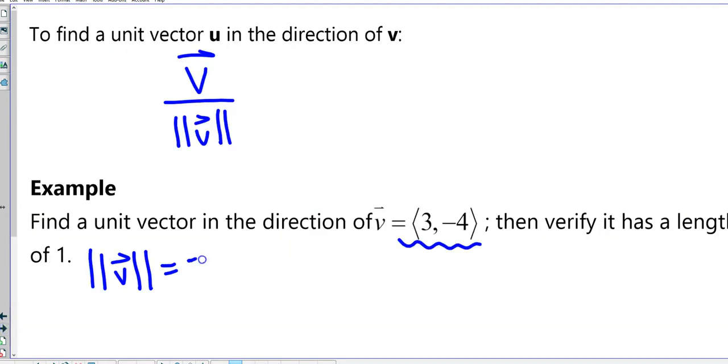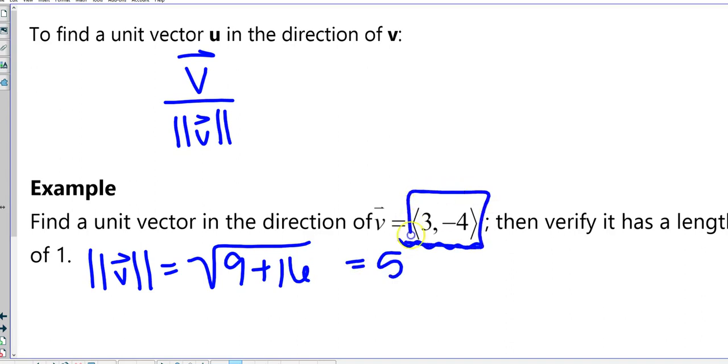Okay, so here, the x component squared is 9 plus the y component squared is 16, so the answer is square root of 25, which is 5. Okay, so my original length is 5. So how do I take v and shrink it down to have a length of 1, make it a unit vector? Divide everything by 5, right?